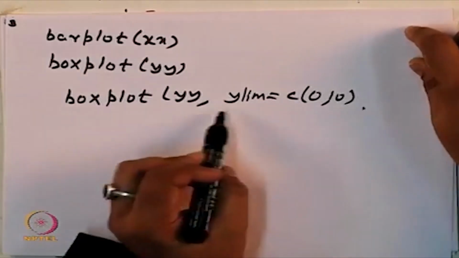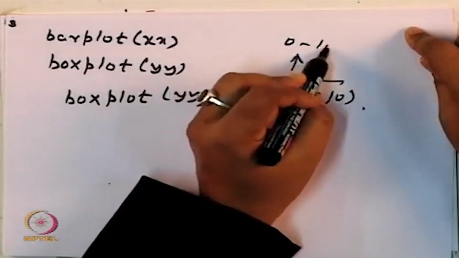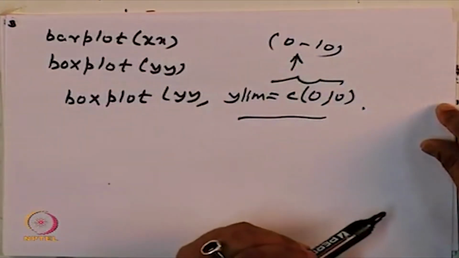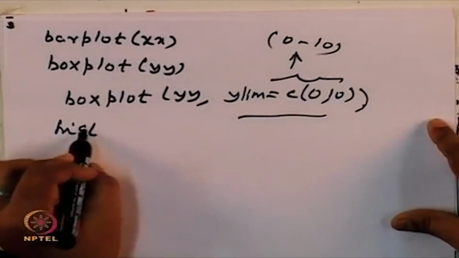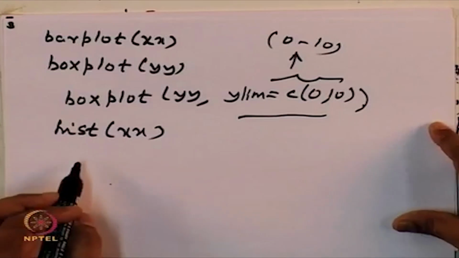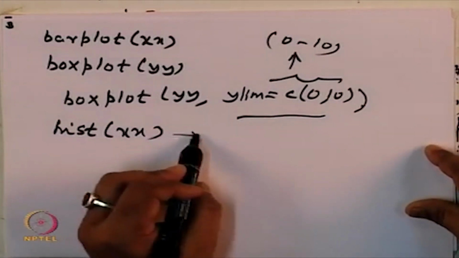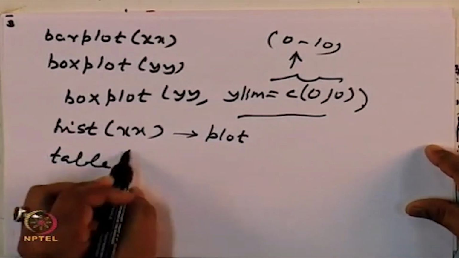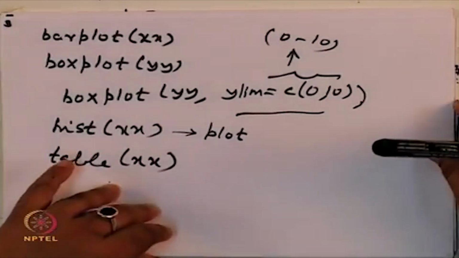This would have set the y axis range to be between 0 and 10. Histogram of xx or yy will give you the histogram or the frequency distribution, and it will also generate the plot. To get just the frequency distribution you can write table of xx. Okay. So these are the basics.